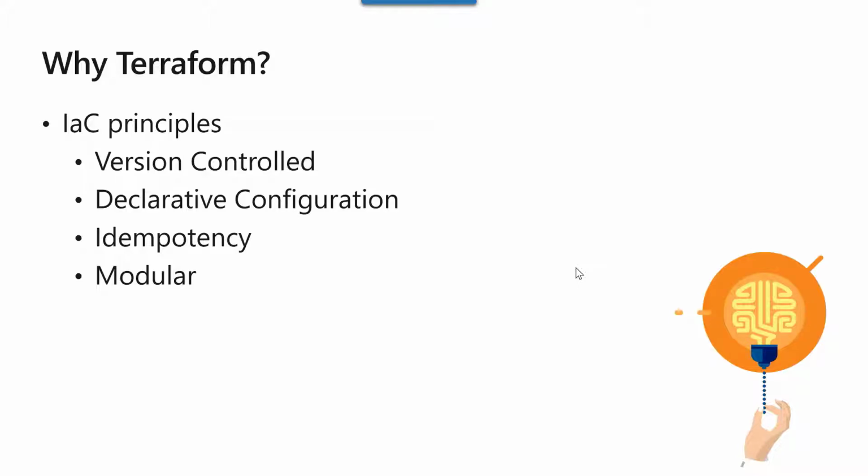The underlying automation takes care of performing the configuration and the provisioning for you, and making sure that whatever you have specified in your declarative configuration is deployed as desired, right? We'll see an example of declarative configuration when we start seeing some of the Terraform basics. Now, the third point, which is idempotency, is another very important aspect.